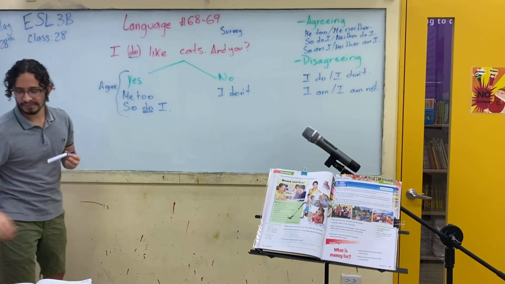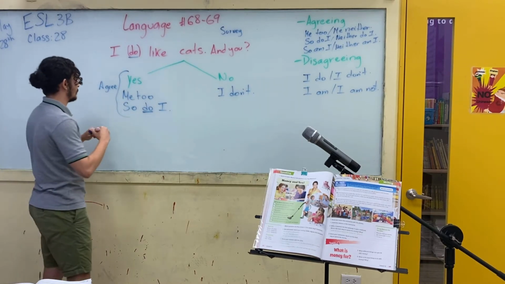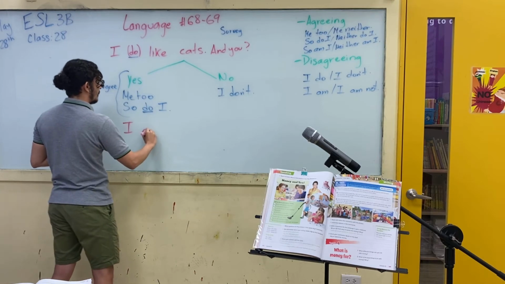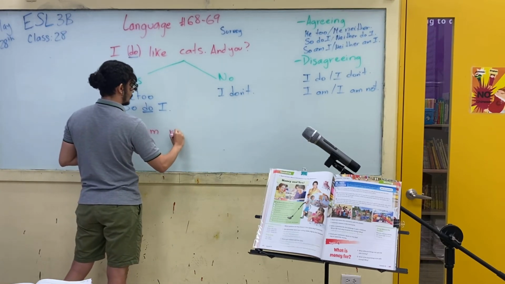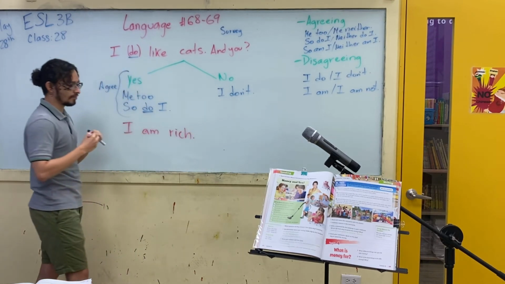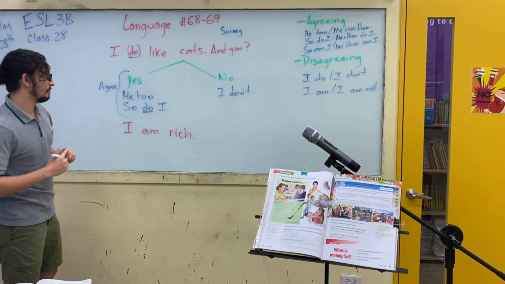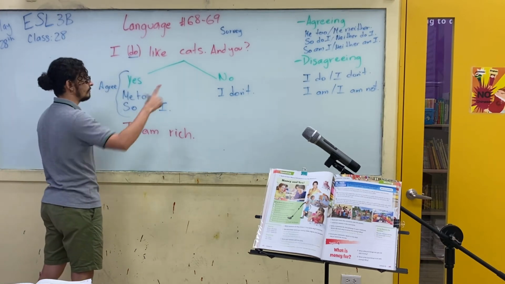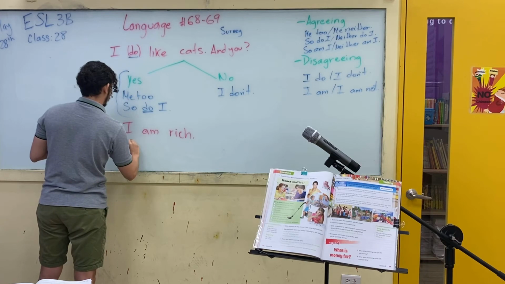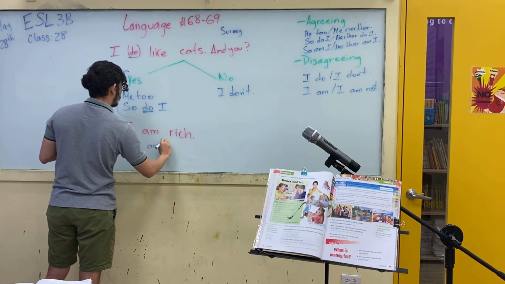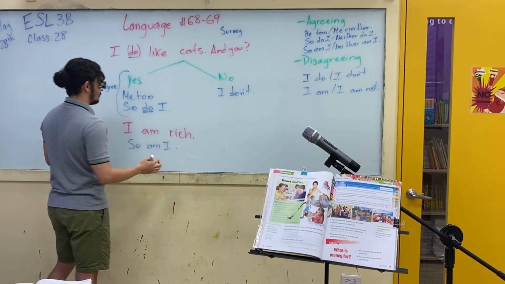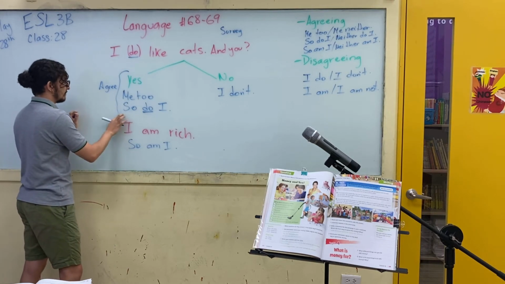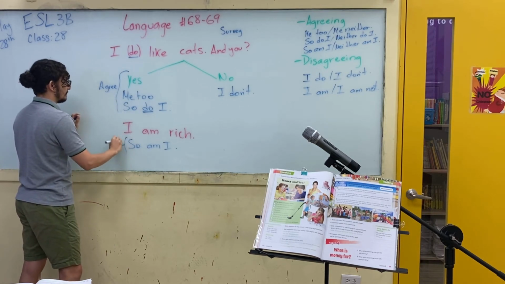And for other things, for example, if I say, I am rich. I am rich. So I can answer back, oh, so am I. So to agree, it is all to agree.